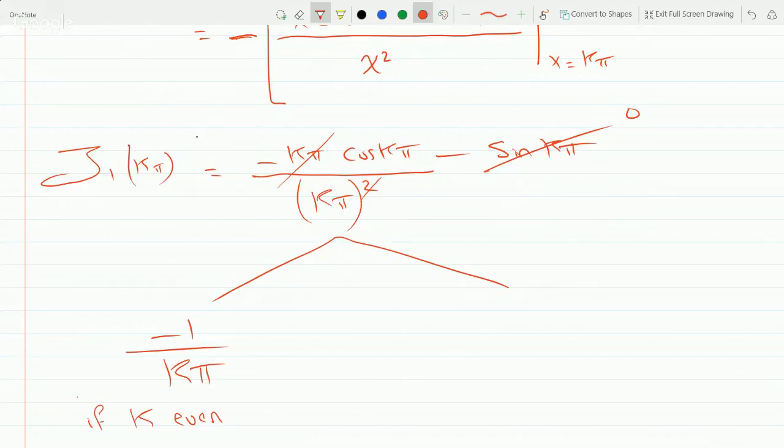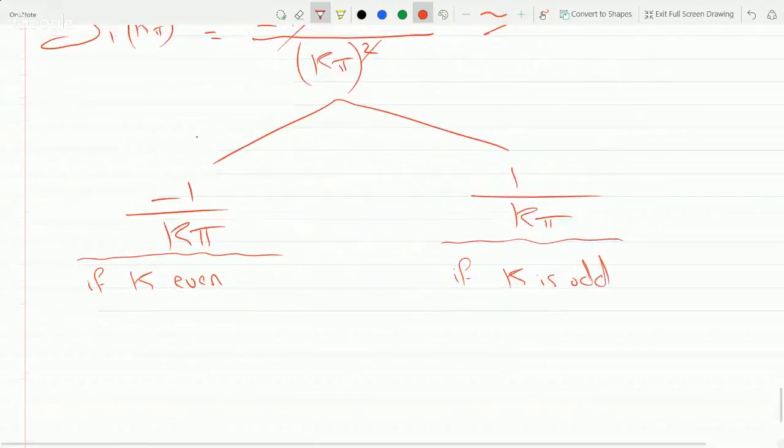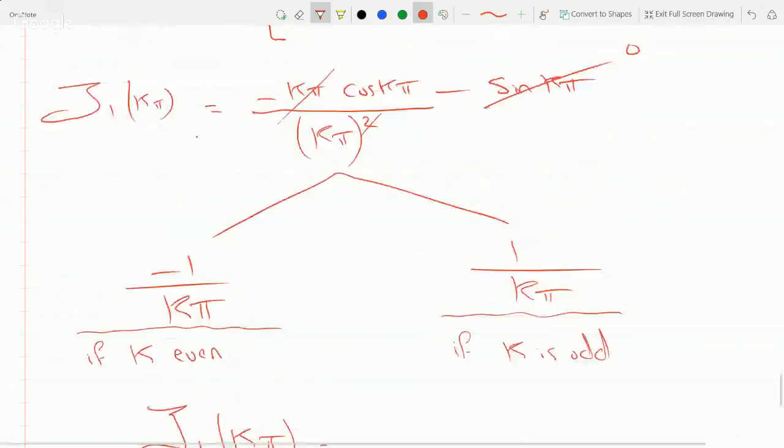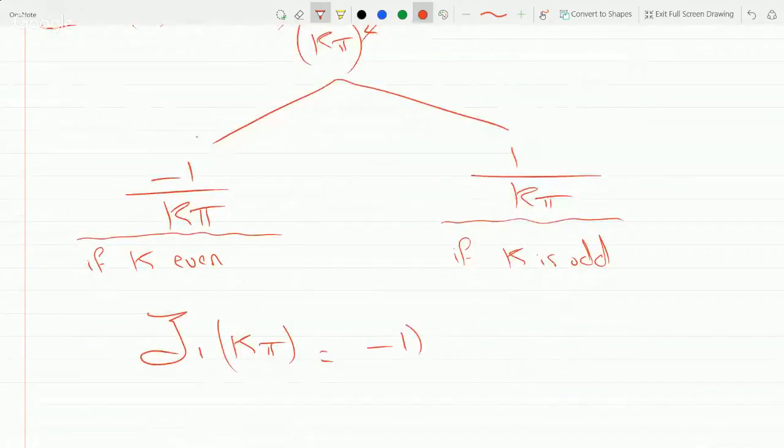And if k is odd, we get 1 over k pi. So we could write this as one equation, which will be j1 of k pi equals minus 1 to the k plus 1 over k pi, such that if k is even, we get the negative answer, and if k is odd, we get the positive answer.